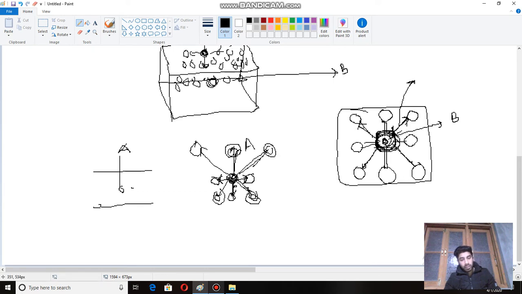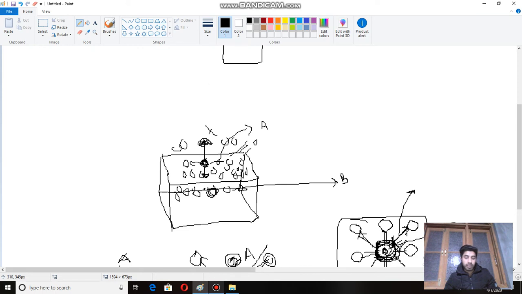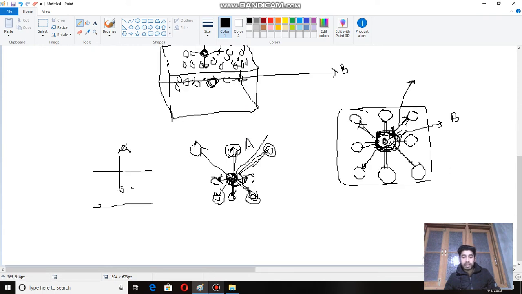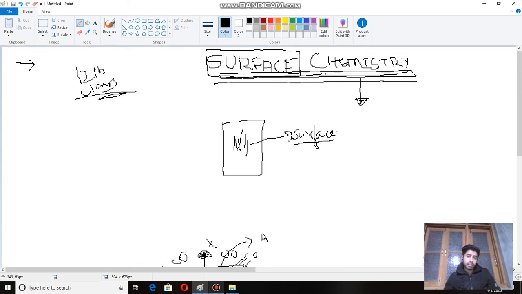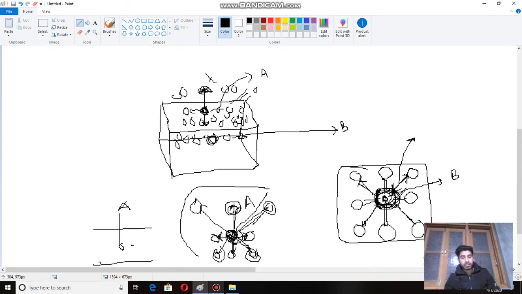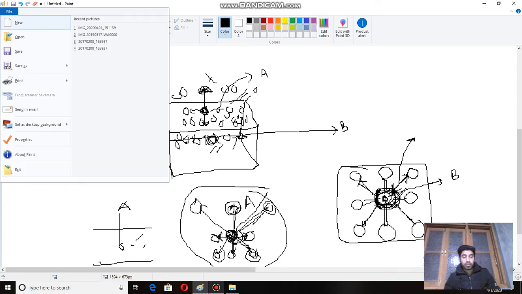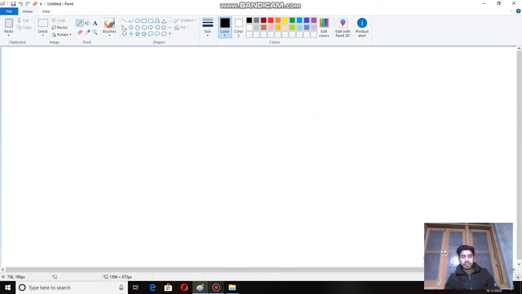So this A molecule here has higher energy because the number of bonds of this A are less than this B. So the molecule present on the surface, this A, will have higher energy than this B. This property is the basic reason for this surface chemistry, because this property makes the surface completely different from the bulk of the material. I hope this much is sufficient.